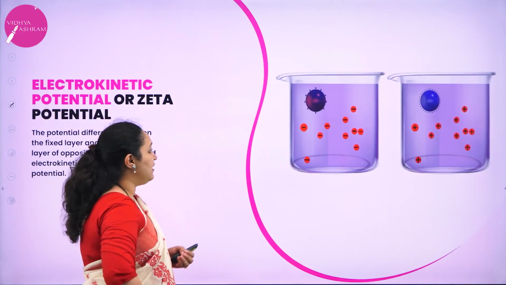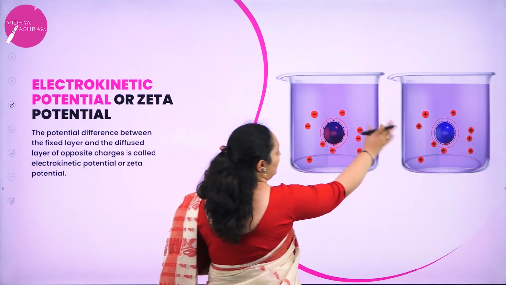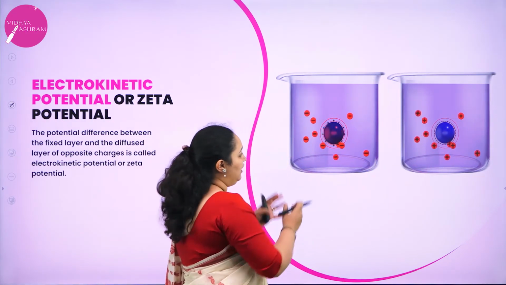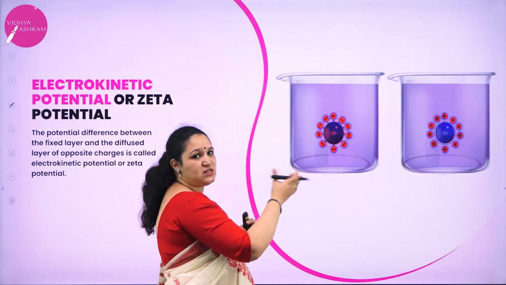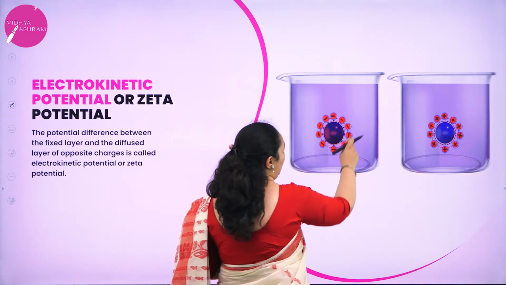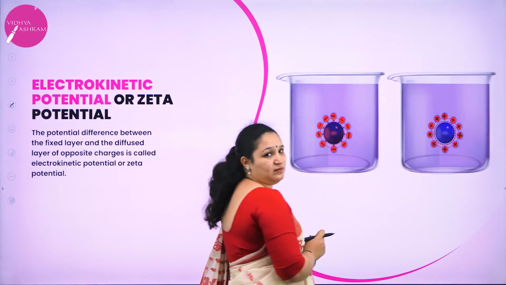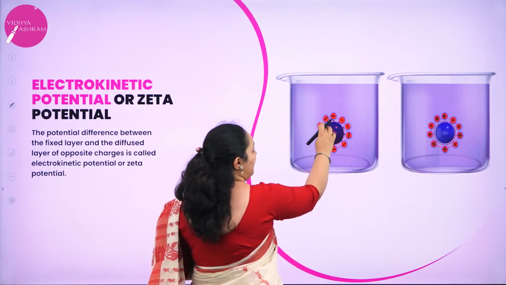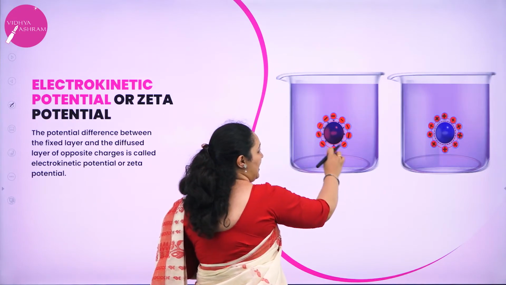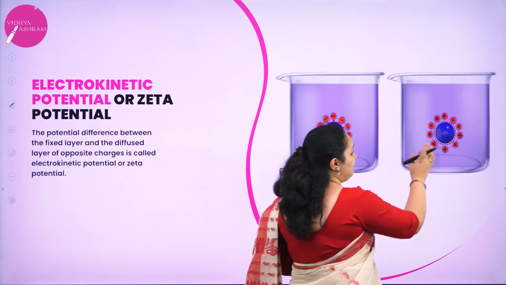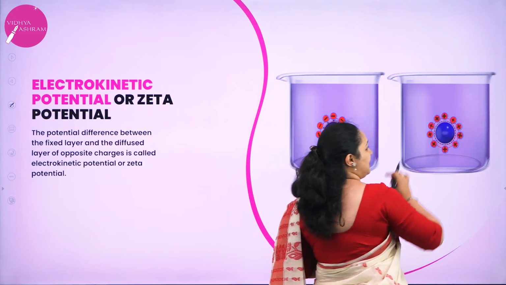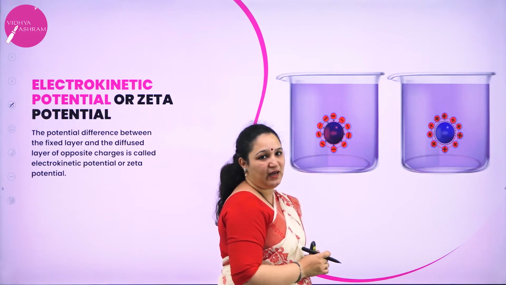Going forward, here you can see how positively charged or negatively charged colloid will attract the counter ions from the dispersion medium to form the second layer. Correct? You can see here the colloidal particle which was positively charged has one more layer of negative ions around it. Here the colloid which is negatively charged has a second layer of positive ions around it.